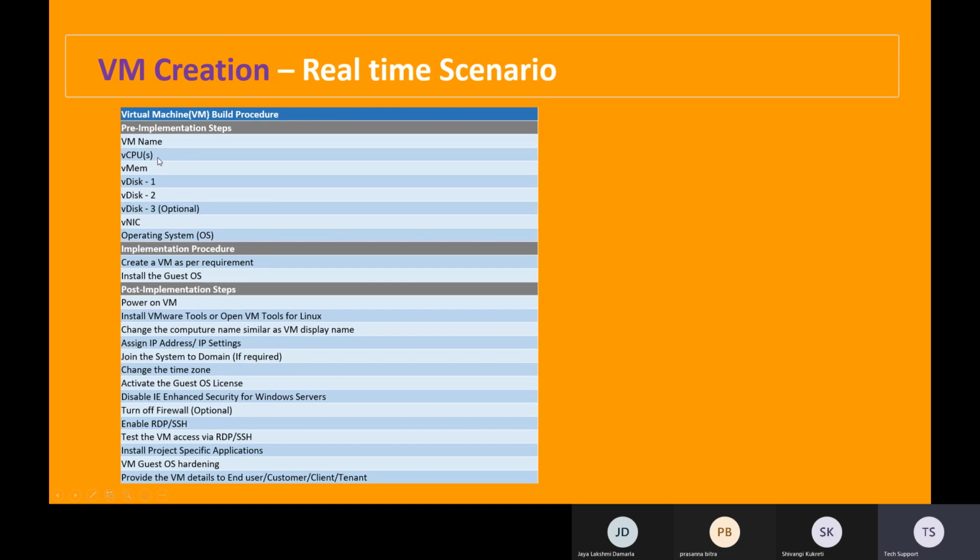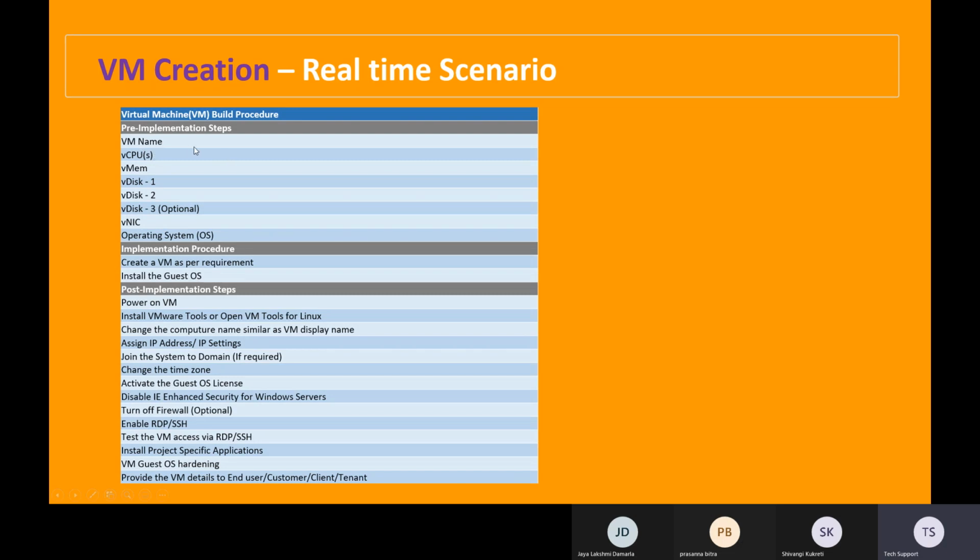So, pre-implementation steps. Suppose in our office, the customer requests to create a new virtual machine. Before creating the VM, for a test lab in our workstation or home PC, we keep the VM name as any name. But in real time, it's not like that. We have to provide a specific naming convention as per the company standards. For example, our company is HPE.